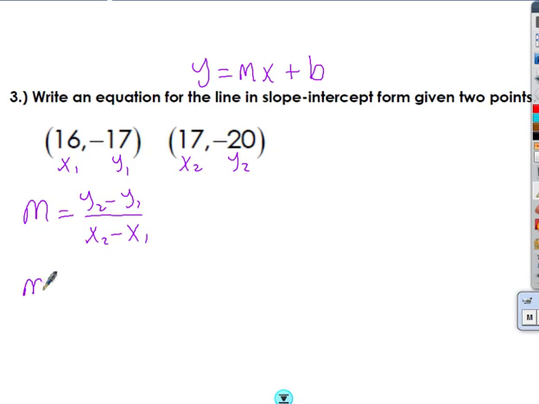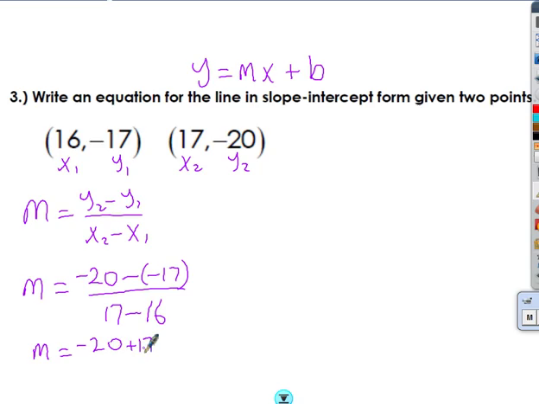So here's our slope, -20 minus -17 divided by 17 minus 16. Which will be equal to, subtracting a negative is addition. So -20 plus 17 divided by 1 will be equal to -3.